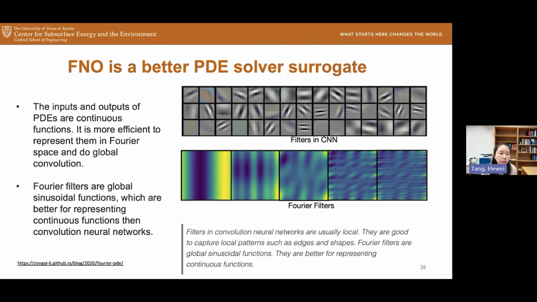However, for PDEs, the inputs and outputs are mostly continuous functions, and it's more efficient to represent them in Fourier space and do global convolution. The Fourier filters leverage global sinusoidal functions, which are better for representing continuous functions.